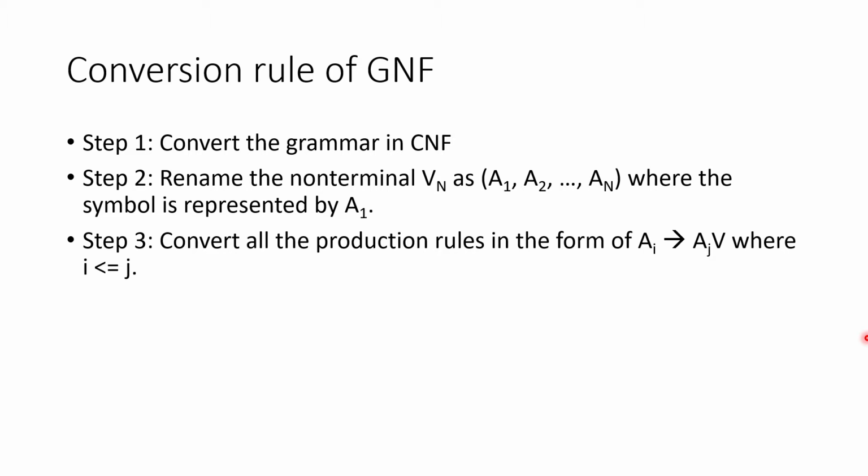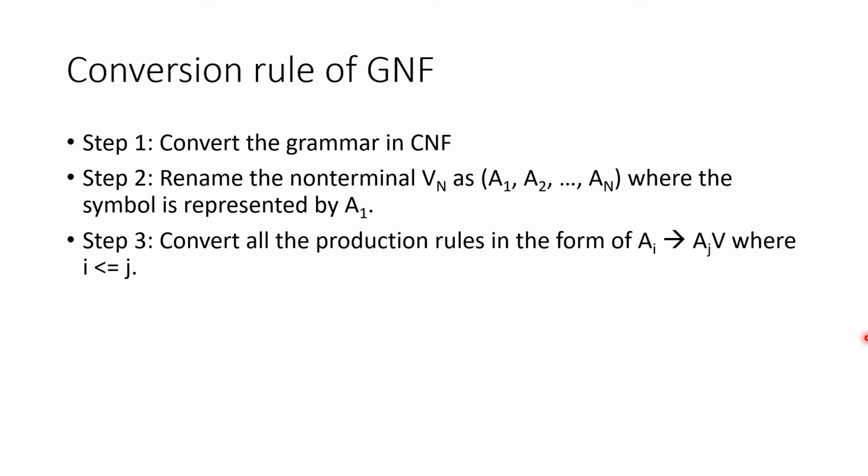In step 2, it's written that you rename all the non-terminals Vn as A1, A2 to An, where the symbol is represented by A1. I think it should be said that the start symbol should be represented by A1. Okay. And then you have to follow step 3.